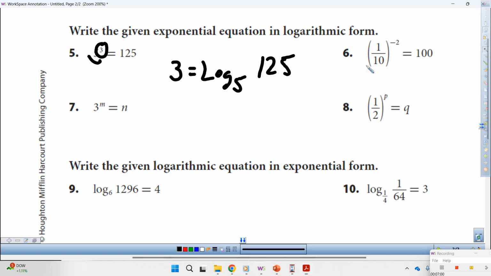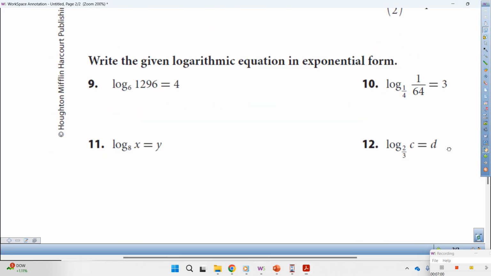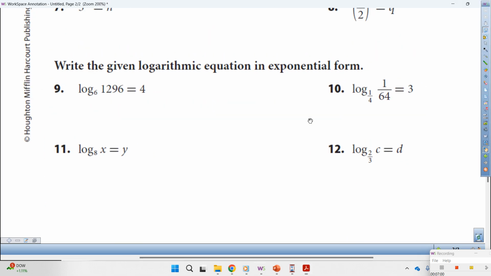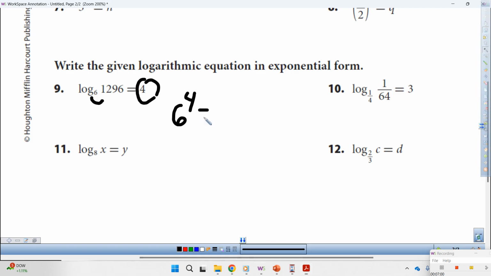You always start with the exponents. Same thing with here, here, all of those. These, change those to exponential. So, we start with what? With the base. What is the base on that one? 6. What is the exponent? 4. And what is the given number? 1296.